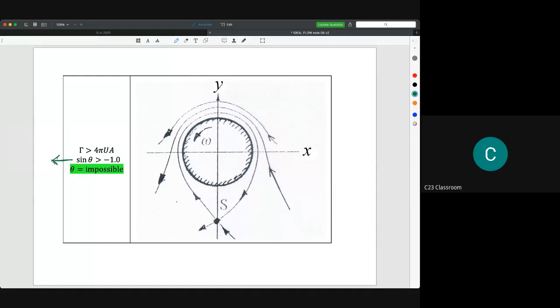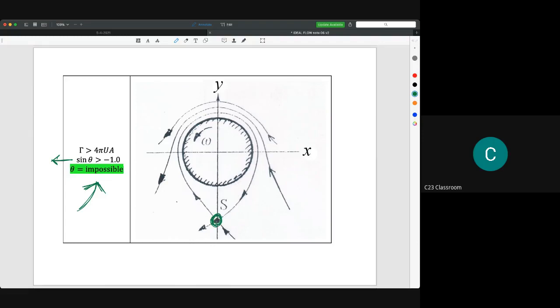So it means that it is impossible, or it cannot be solved, because the mathematical expression here is incorrect. But the stagnation point actually occurs. If you do the experiment, you will get the stagnation point actually occurring. So we assume that the stagnation point is actually not on the surface of the cylinder.